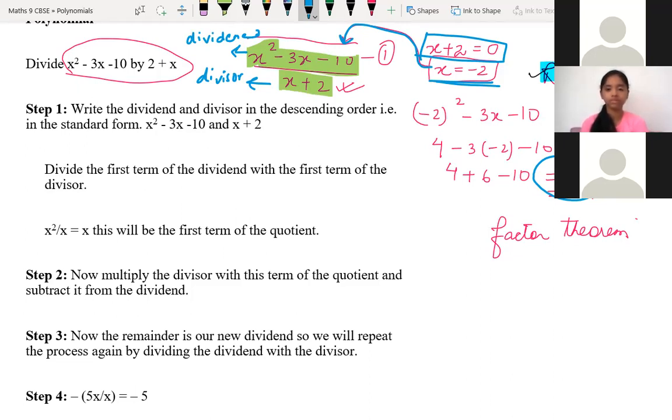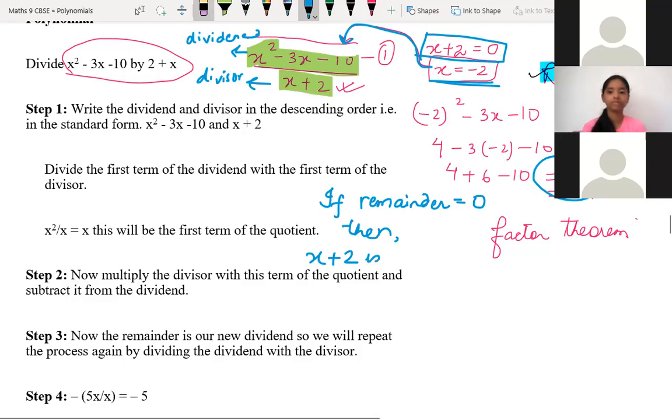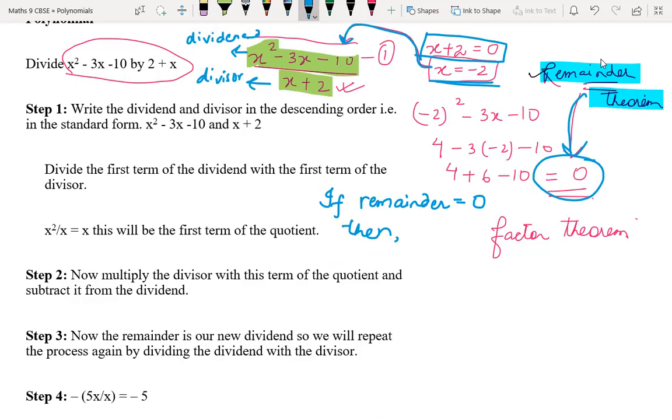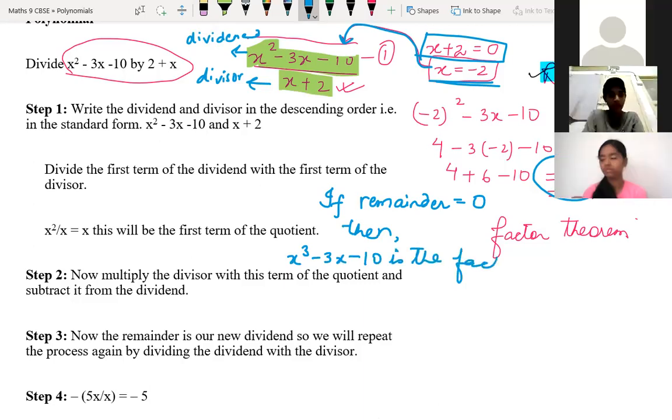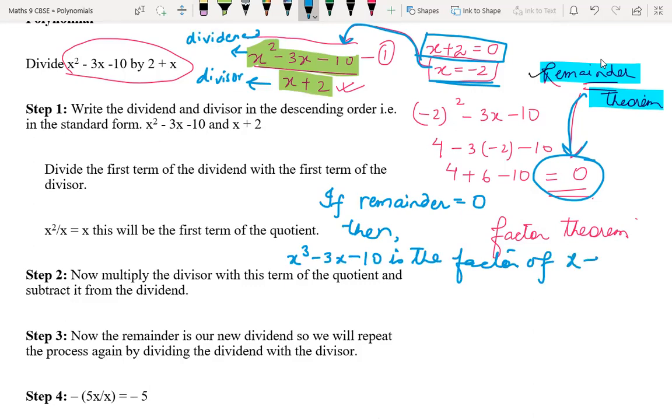And if remainder is 0, then we can say x plus 2 is a factor of x square minus 3x minus 10. Is it clear, children?